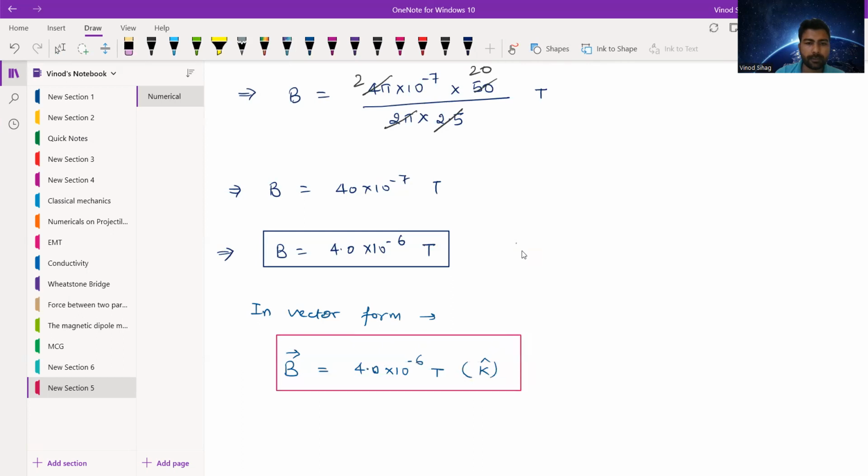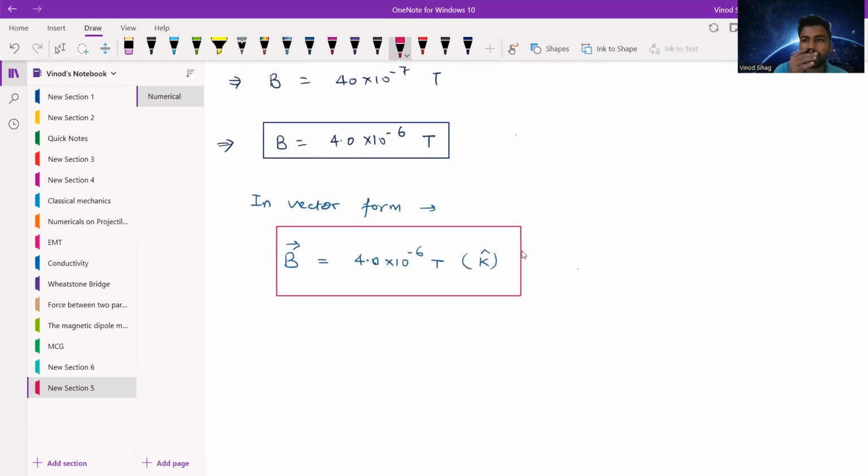So don't get confused about the direction, because whatever you are writing, you should be writing it right. Here, if you have written k cap, it is also right. If you are writing vertically up, that is also fine.